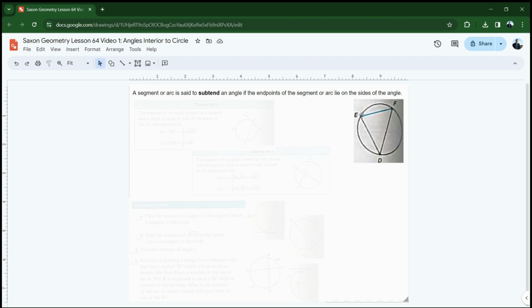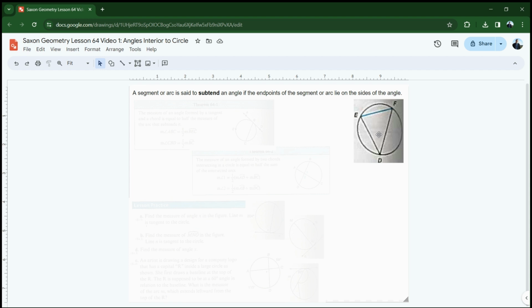So we would say that arc ED subtends angle EDF. Why? Because it fits the definition. An arc subtends an angle if its endpoints lie on the sides of the angle. EF would subtend as well. Notice that its endpoints are on different sides, and FD subtends because its endpoints are both on the angle, even though they're on the same side.